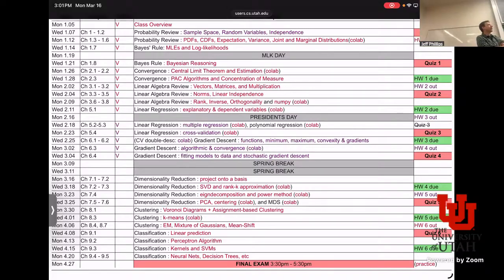And this gave us a supervised problem where we had a bunch of explanatory variables, and then we had one label, a dependent variable that we were trying to predict. So we were trying to learn a function mapping from one onto the other.